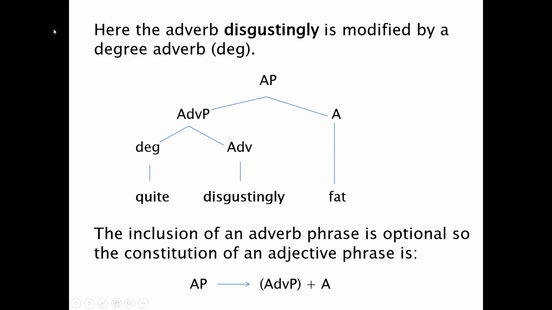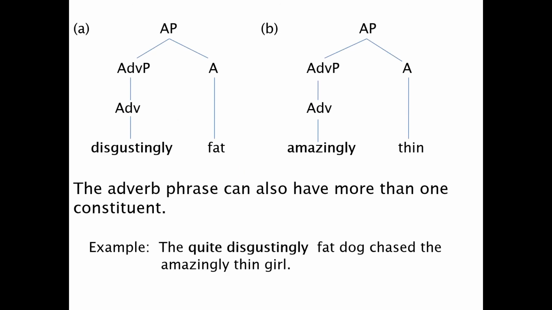Here, okay, as you see, the adverb disgustingly is modified or pre-modified by a degree adverb, that is quite. You can say the very disgustingly, the absolutely disgustingly, and so on. So we have adverb phrase, adjective phrase, and we have degree.